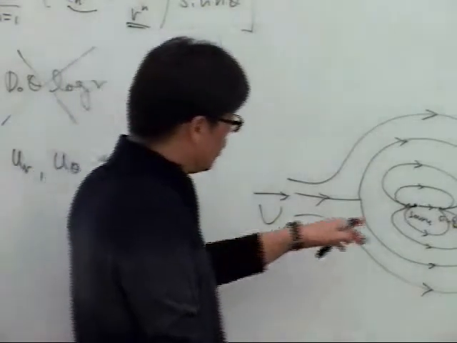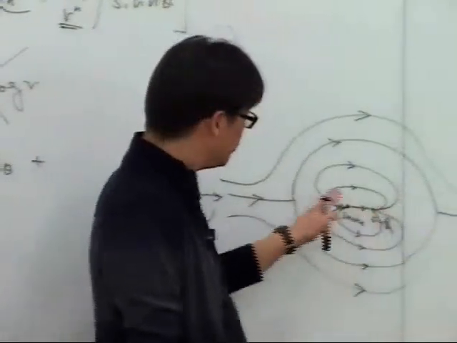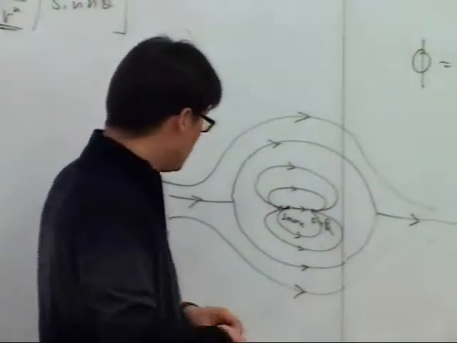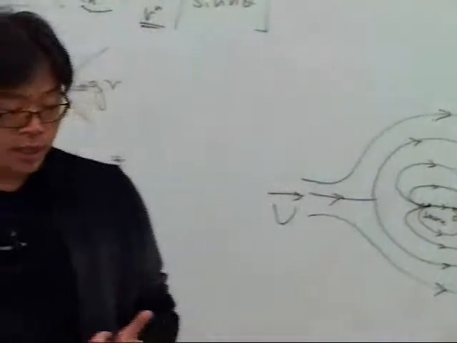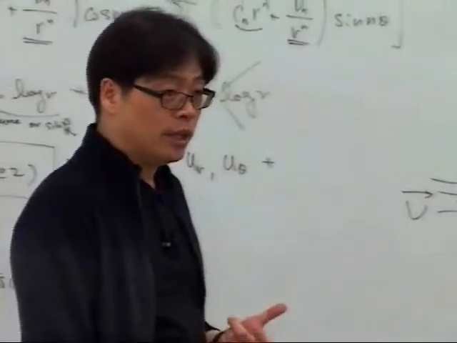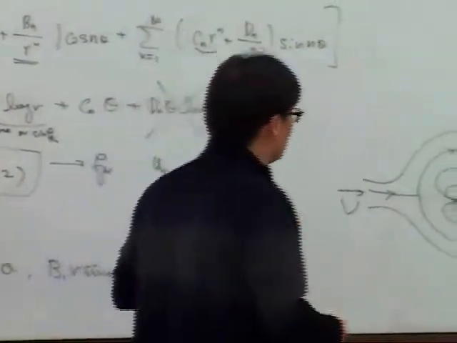But as I said, you don't know what strength you have to put in to make a certain geometry. Also, the geometry that you can make by just using a source and sink is very limited. Okay, it's not a general shape of body.